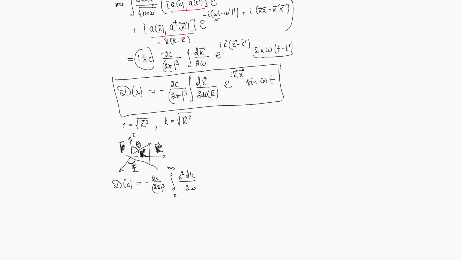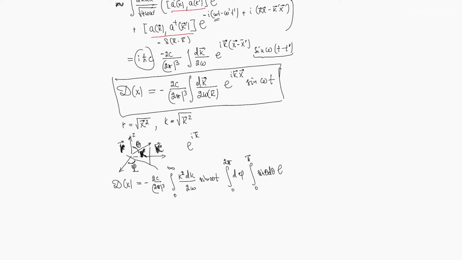This is what is left over, and then I integrate over angle phi from 0 to 2 pi, and from 0 to pi I integrate sine theta d theta, which forms a measure, multiplied by the exponential, and then there is this scalar product, exponential i k x, which is now a scalar product of two vectors r and k.